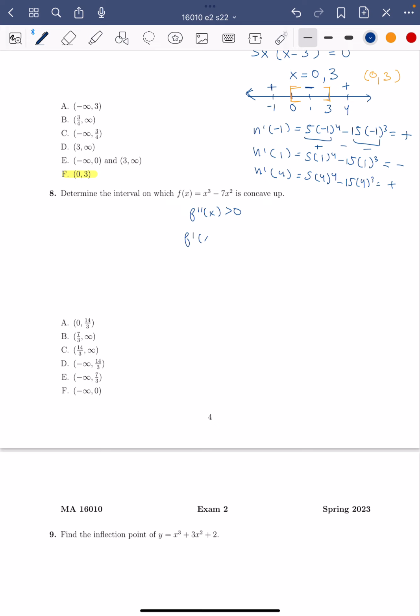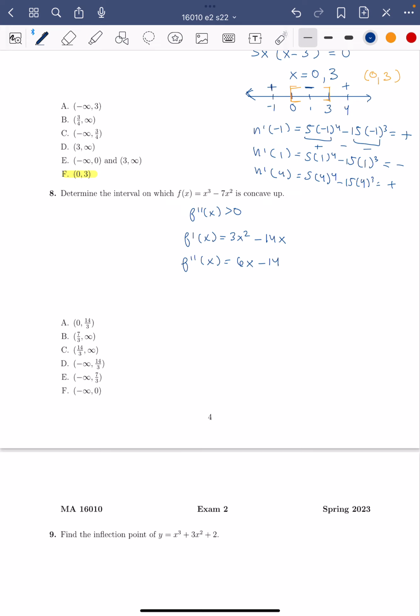F prime of x equals derivative of x cubed is 3x squared minus derivative of 7x squared is 14x. So let's go ahead and find the second derivative to find concavity, and it gives us f double prime of x equals derivative of 3x squared is 6x minus derivative of 14x is 14.